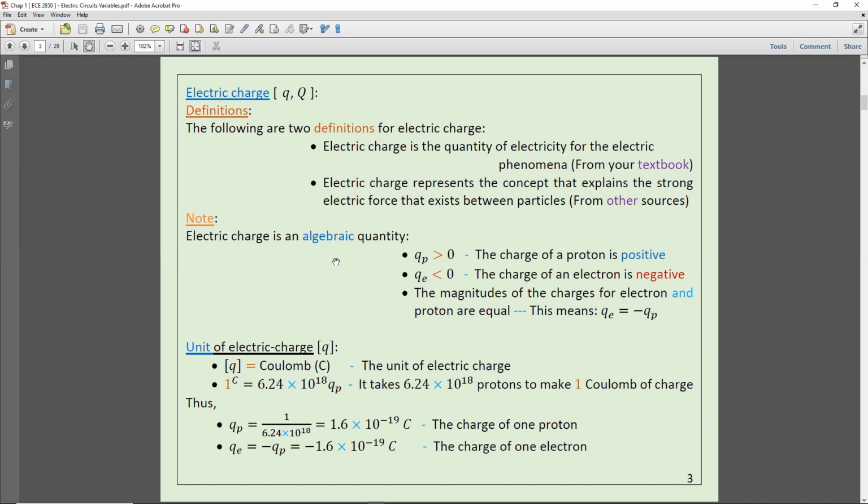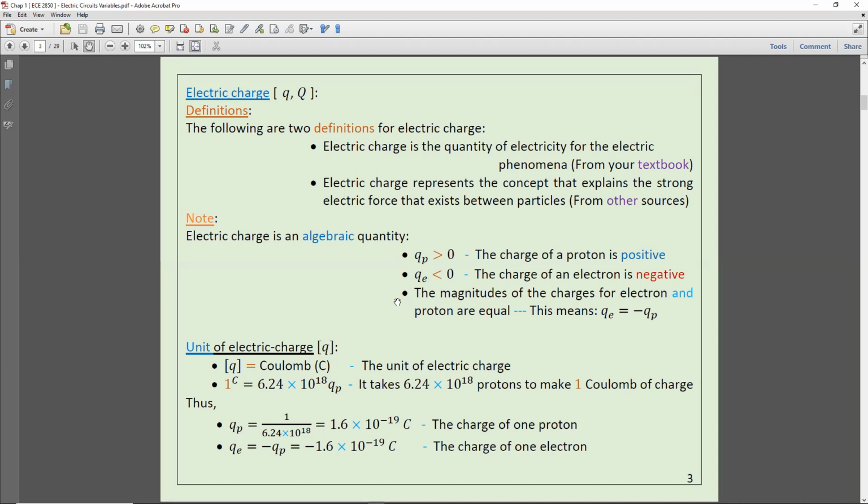Also, the electron has a very small charge. It is a negative charge. And the proton has a positive charge, also very small.